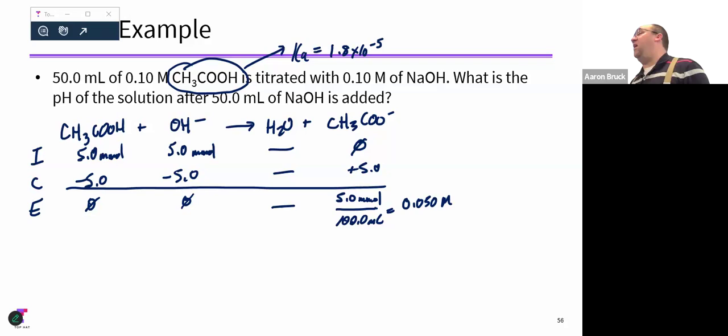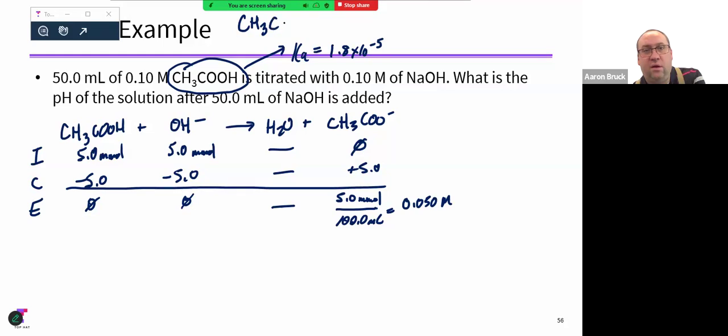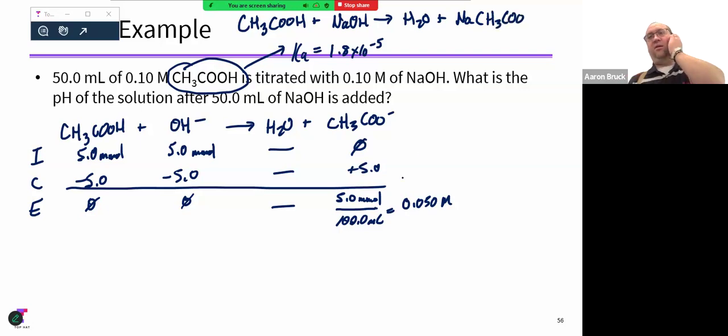So I've got to do pH of a salt solution. Because that's basically what this is now, right? If I set this up like a double replacement reaction, I get water and sodium acetate as my product.